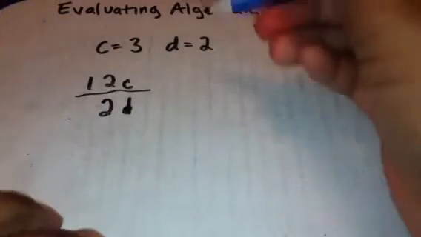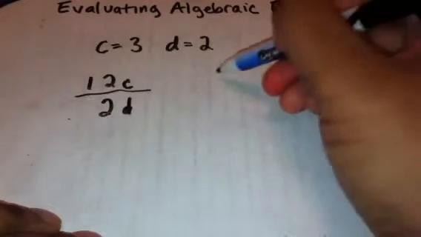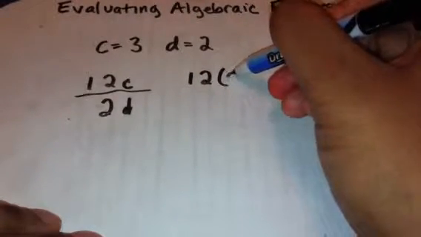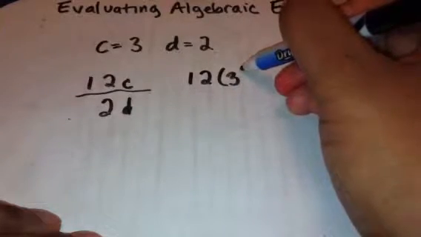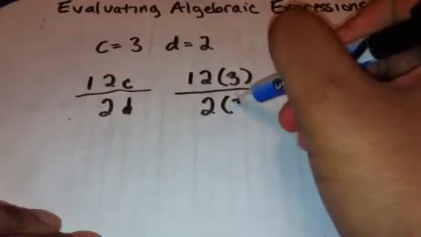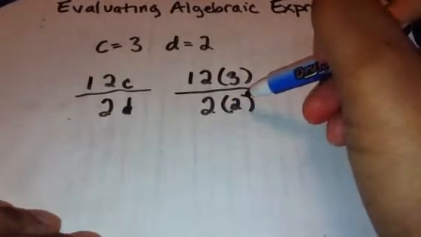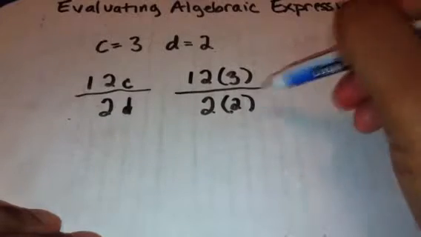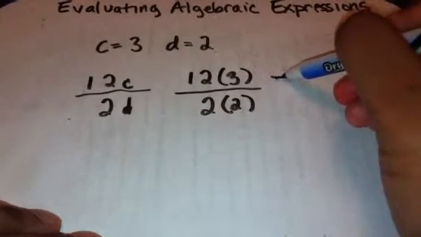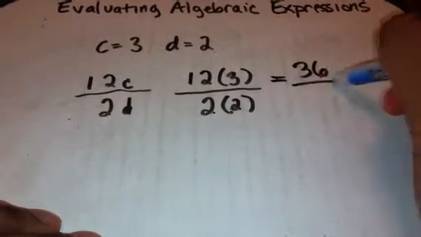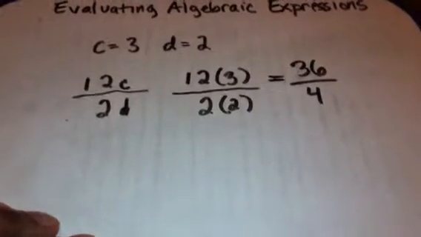So, we know that C is 3, so that becomes 12 times 3. We know that D is 2, so that becomes 2 times 2. And that just becomes 36 over 4 then. 12 times 3 is 36. 2 times 2 is 4, so that's 36 over 4.